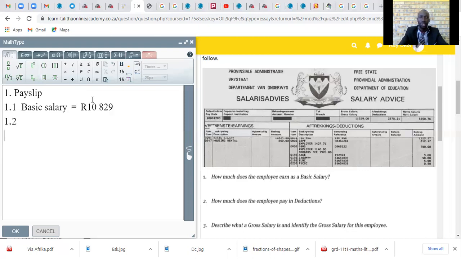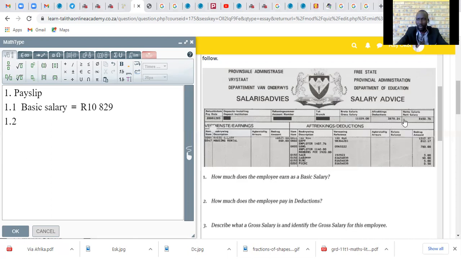Now, question 1.2 is requiring us to do what? How much does the employee pay in deductions? Well, we have this information here. We don't need to calculate that. We check through and we see where there are deductions. Okay, so deductions have been given.